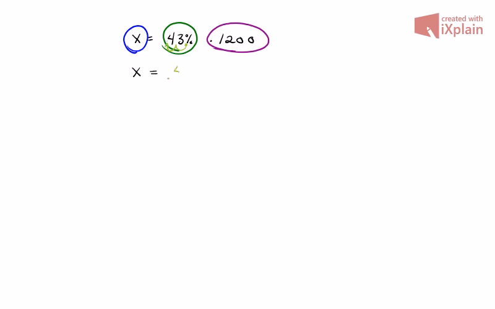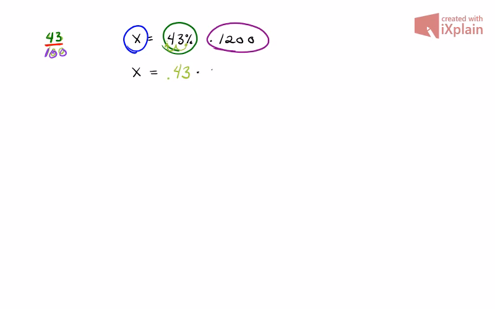That's going to give you 43 hundredths. And if you think of it, 43 hundredths is really saying 43 per cent, where cent is represented by 100.